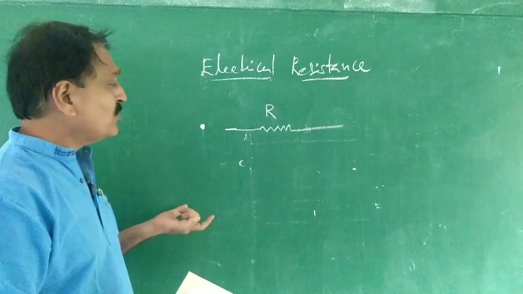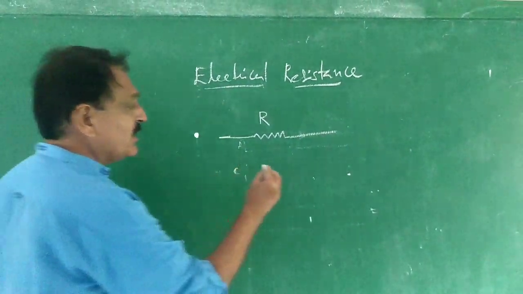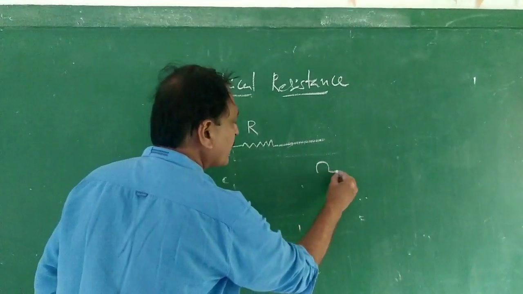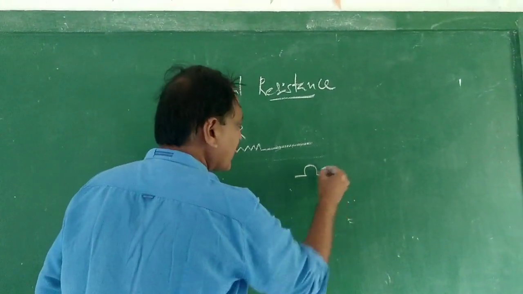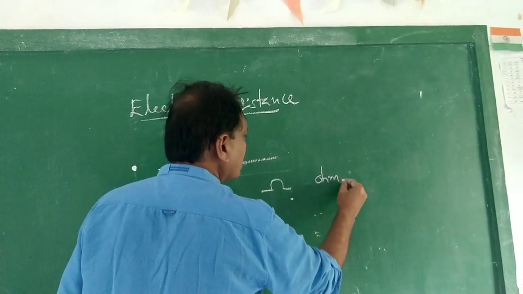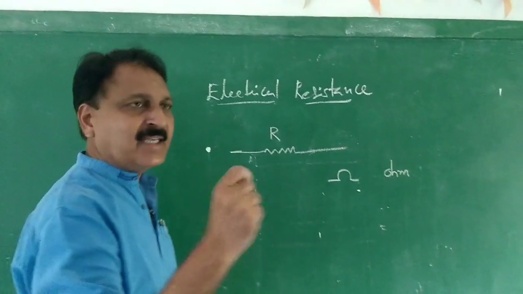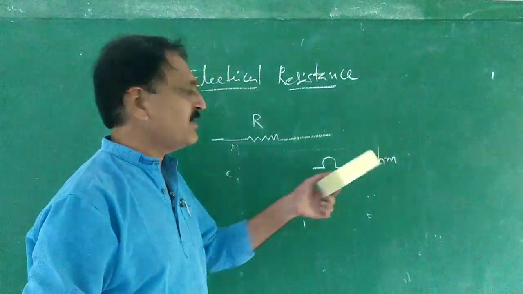How to measure resistance? The resistance will be measured in terms of ohms. This is the unit. This is the symbol of ohm. You have to write ohm like this. The unit to measure electrical resistance is ohm. This is the SI unit.